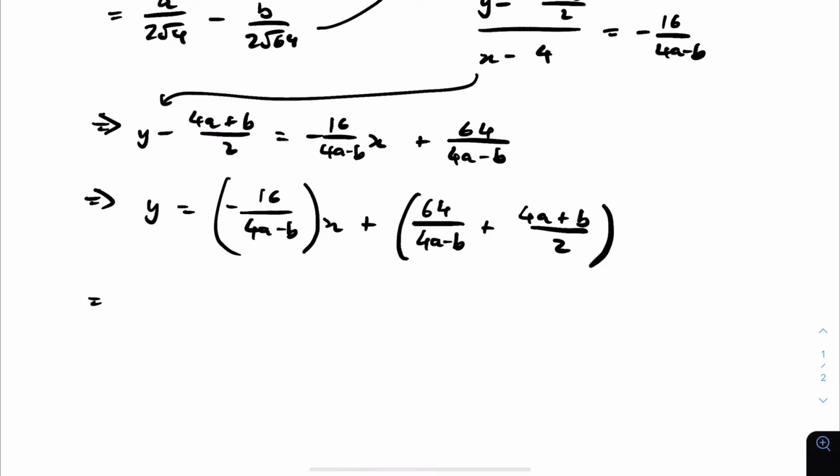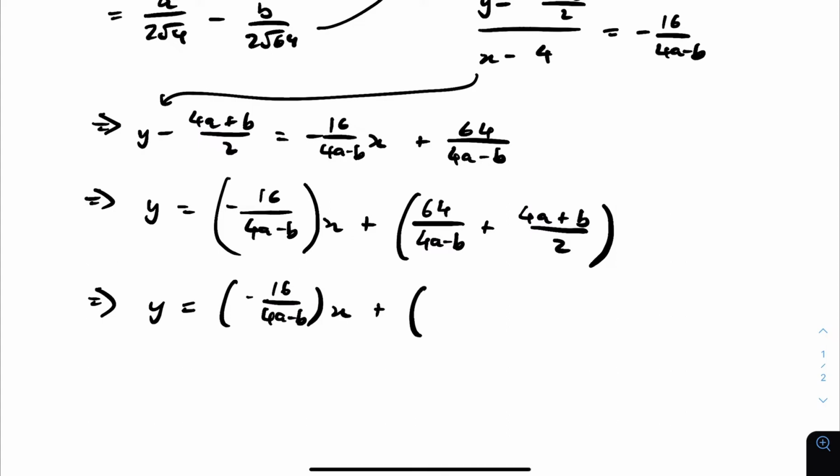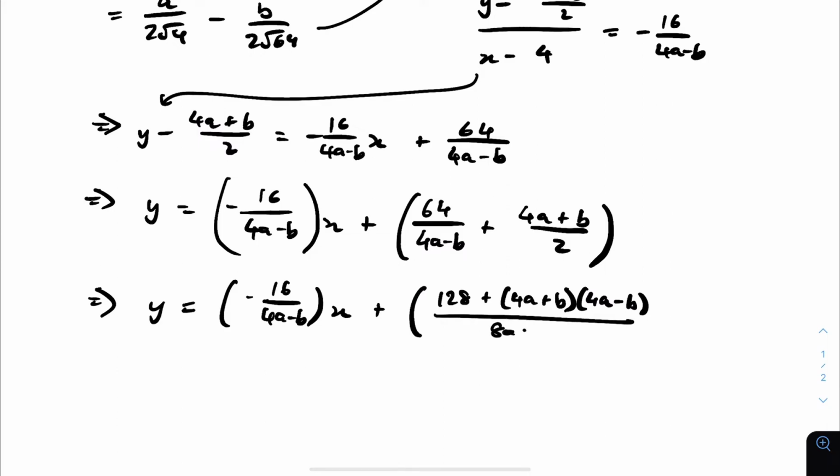And that simplifies down to y is equal to negative 16 over 4a minus b x plus, and over here we can multiply to make it one fraction by cross multiplying to get 128 plus 4a plus b times 4a minus b, all over 8a minus 2b.